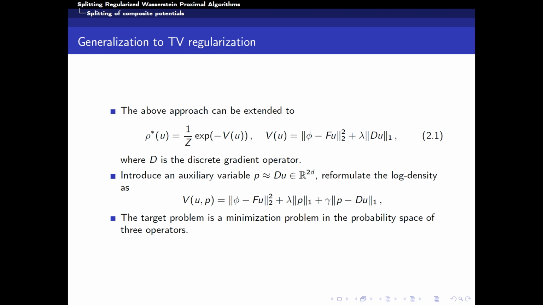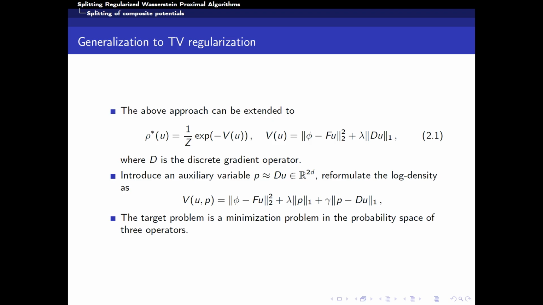But the thing we can do for the case of TV regularization is we can introduce some kind of auxiliary variable, which we call p, and we hope that this new variable p will be some kind of reasonable approximation to the gradient of the image. So here, you just imagine that this u is some kind of image, and the thing we are trying to do is draw some samples over here.